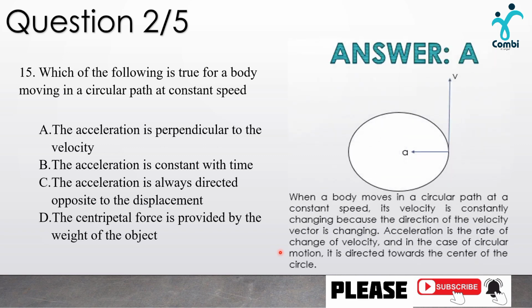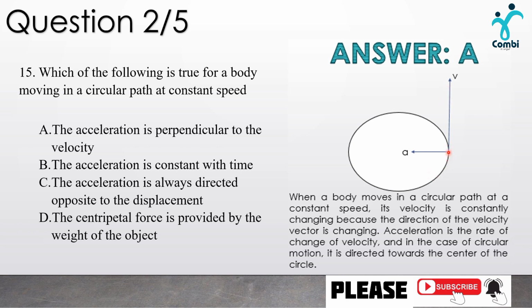Okay. So, answer here is A. The acceleration is perpendicular to the velocity. That means this is true for a body moving in a circular path at constant speed. Okay, let's picture this out. You have this body moving around the circular path, and here you have its velocity.